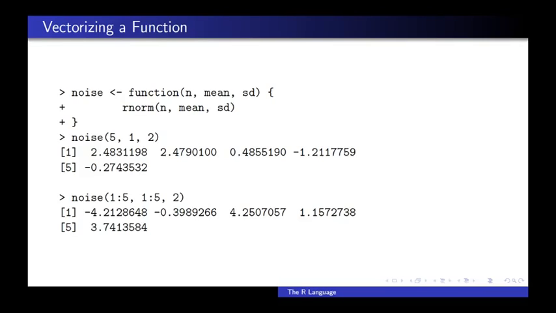However, this function doesn't work correctly if I pass a vector of arguments. When I pass it 1 through 5 and 1 through 5, I just get a vector of 5. What I really want is one random normal with mean 1, 2 random normals with mean 2, 3 random normals with mean 3, and so on, up to 5 random normals with mean 5.